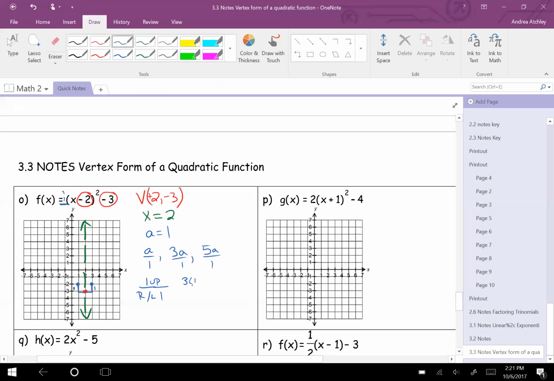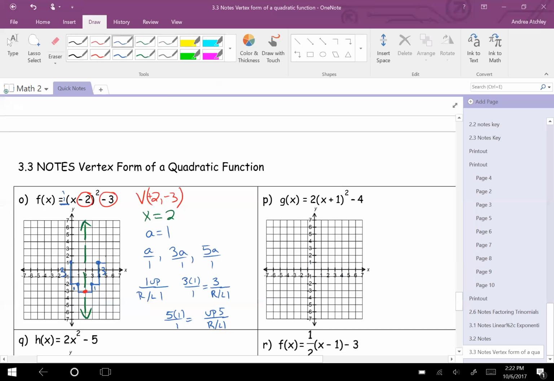Then 3 times 1 over 1 gives me 3, and then right and left 1. So from this point, I'm going to go to the right 1 and then up 1, 2, 3. Right and then up 1, 2, 3. Then we'll do it one more time. It'll be 5A, 5 times 1 over 1, which would be up 5, and then right and left 1.